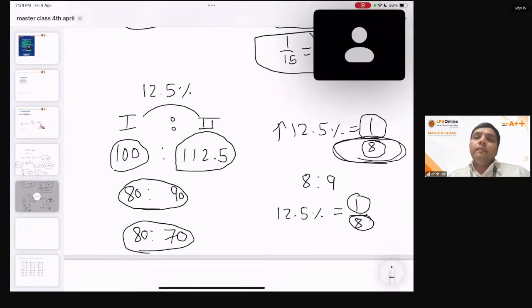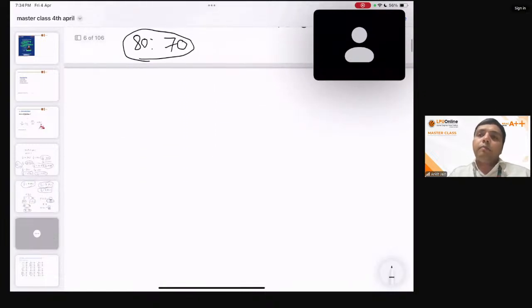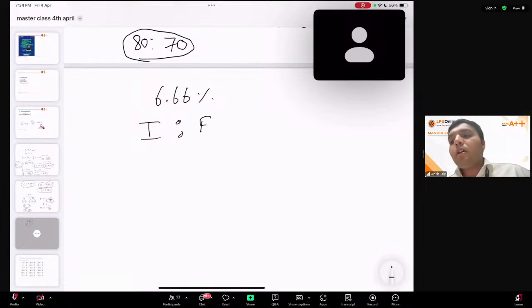Okay. Suppose your money increased by 6.66%. What is the ratio of initial and final? We are converting percentage into ratio. Once you convert percentage into ratio, your problem will be very easy.